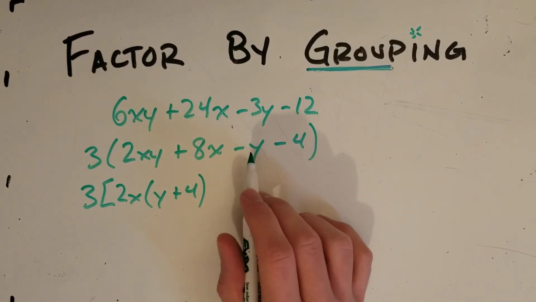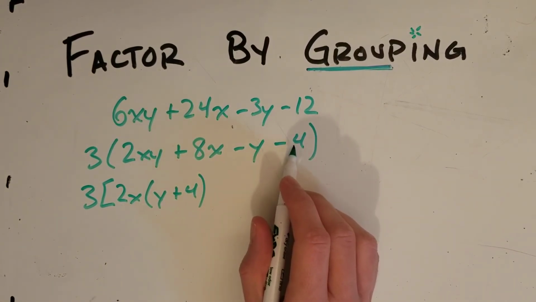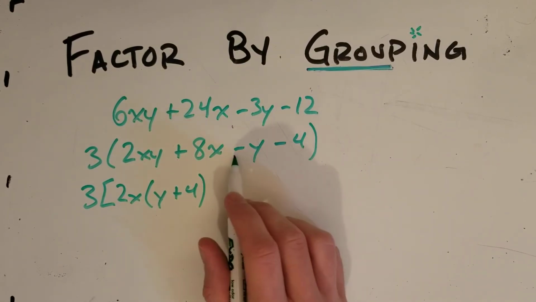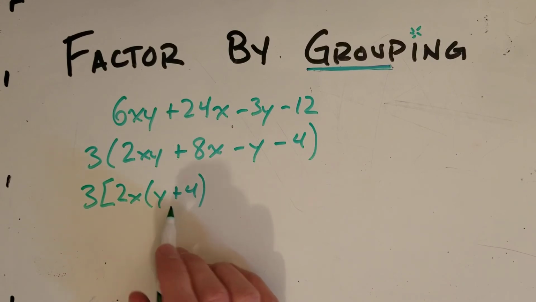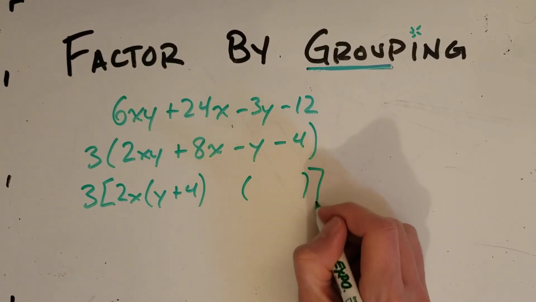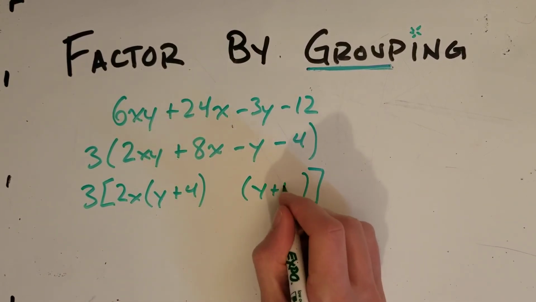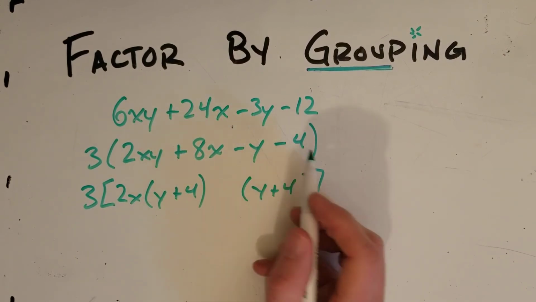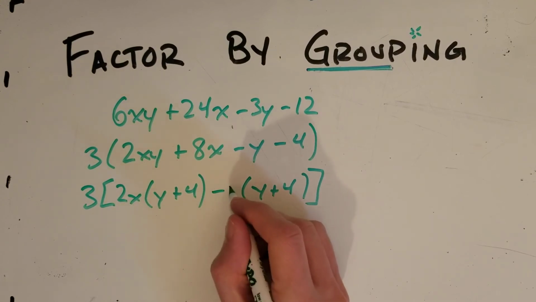Now our next 2 terms, negative y and negative 4, well, they don't have anything in common, but if you look, negative y and negative 4 is really close to y plus 4. If we wanted to make this a y plus 4 in the binomial, what could we multiply negative y and negative 4 by to get that? And the answer is negative 1.